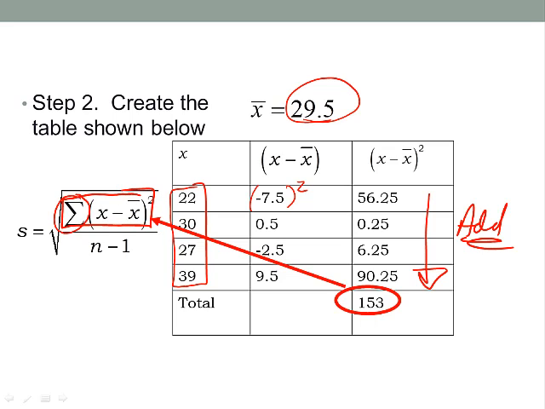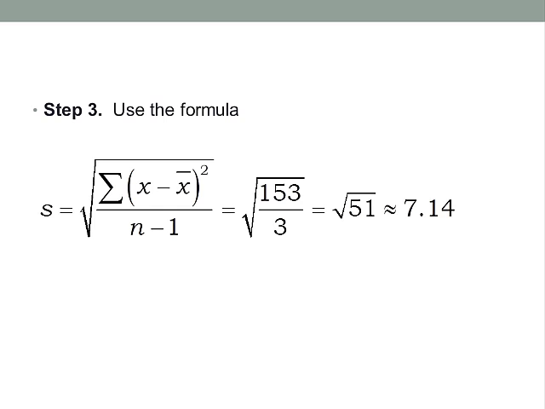You can see why this would not be fun to do if you had 100 data points. It would just take a while. For n minus 1, n was 4, since I had 4 data points, so 4 minus 1 is 3. 153 divided by 3 is 51. The square root of 51 is about 7.14. That is the standard deviation.